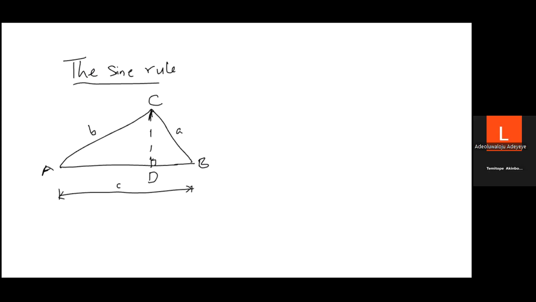Now, if you look at triangle BCD, that's a right angle triangle.